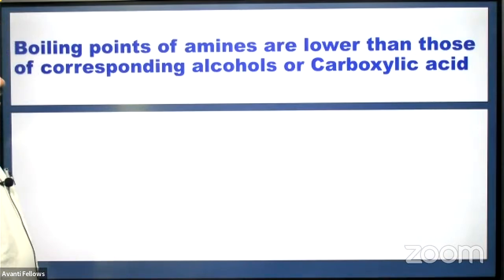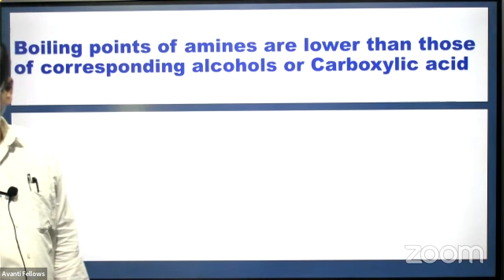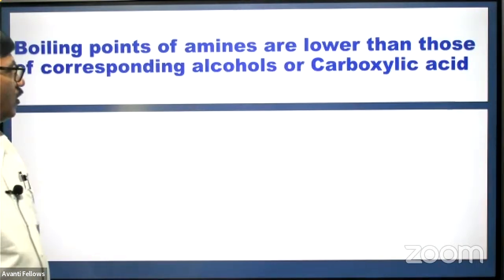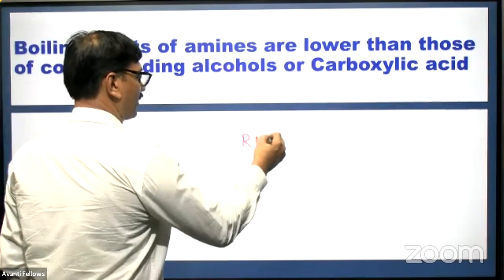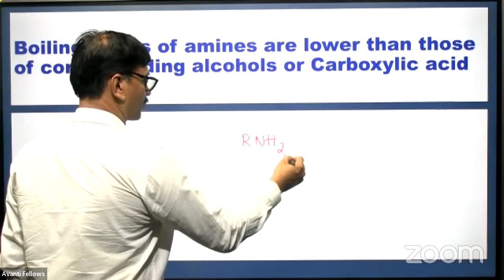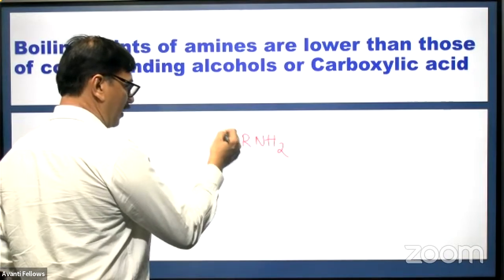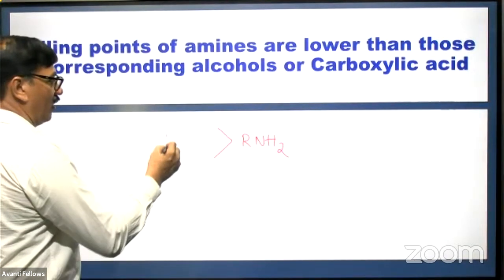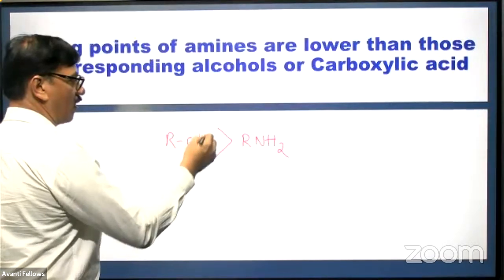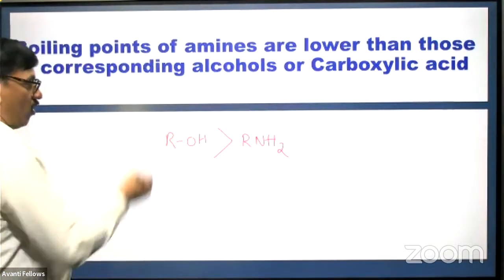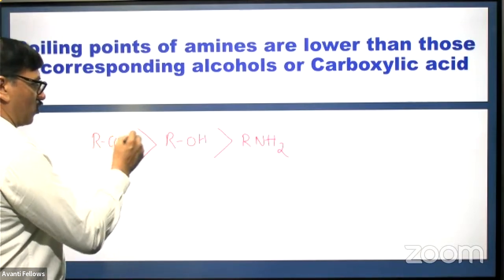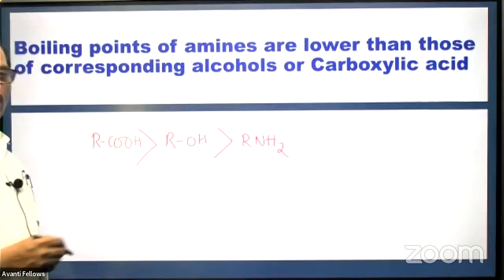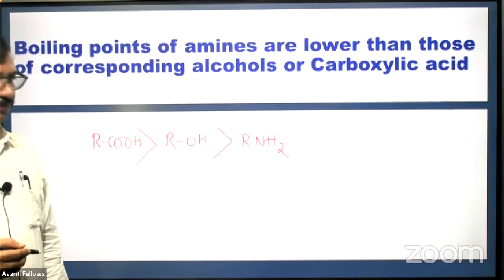Boiling points of amines are lower than those of corresponding alcohols or carboxylic acids. So amines, the general representation is RNH2. Its boiling point is less than alcohols, ROH, or carboxylic acids. Carboxylic acids have more. So this is the order of the boiling point, and why it is so is asked.